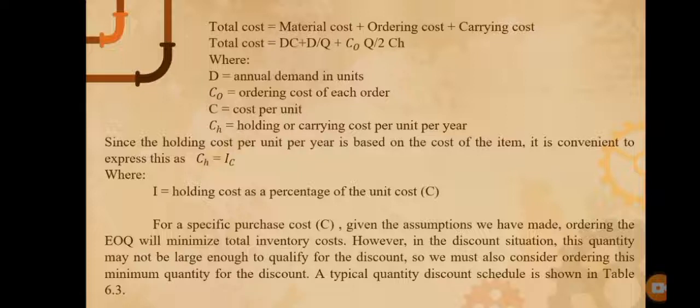Since the holding cost per unit per year is based on the cost of the item, it is convenient to express this as CH equals IC, where I is the holding cost as a percentage of the unit cost.